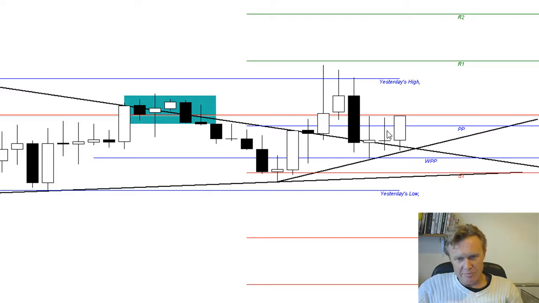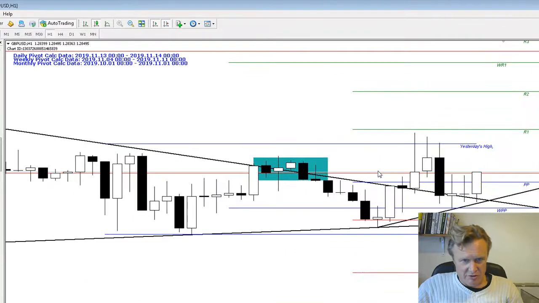And now we've come up to the central pivot for the day, got rejected a couple of times, and now we're breaking through that. And if we break through this previous level of price derived resistance, then we're probably going to go on to retest yesterday's high.